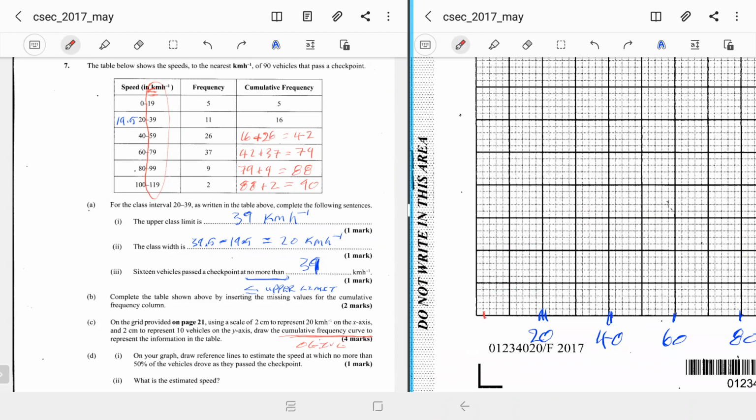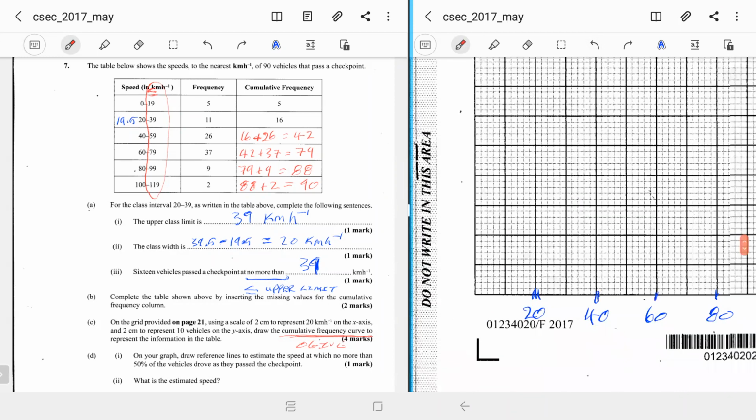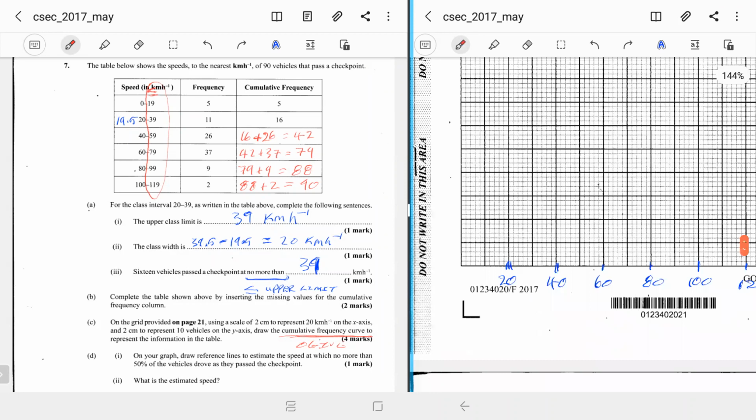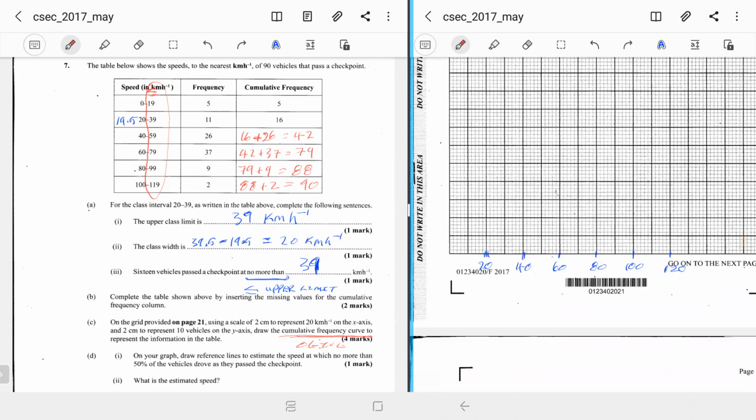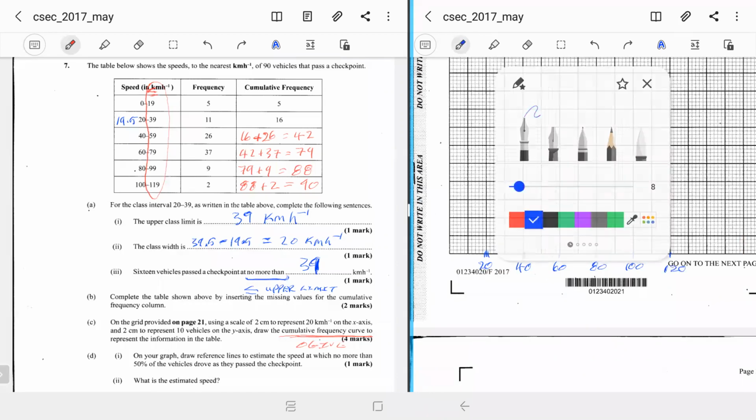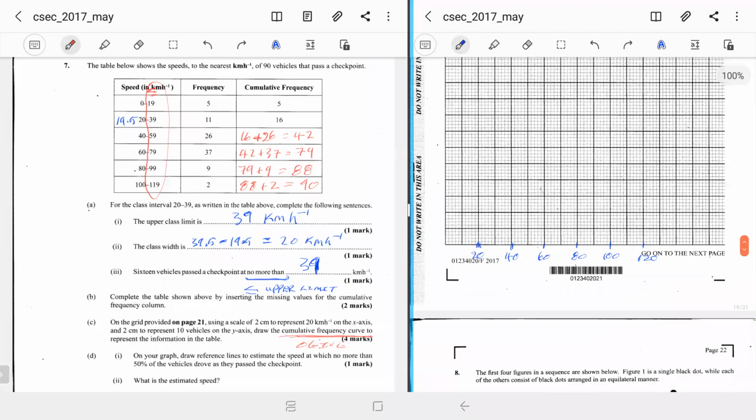So this is 2, 4, 6, 8, 10, 12, 14, 16, 18, 20. So you must always establish, make sure you understand the scale. Every small line is 2, all right, on the x-axis. And the x-axis is what again? The speed. So this is the horizontal axis. And it's less than or equal to we're going to draw. Less than or equal to speed.